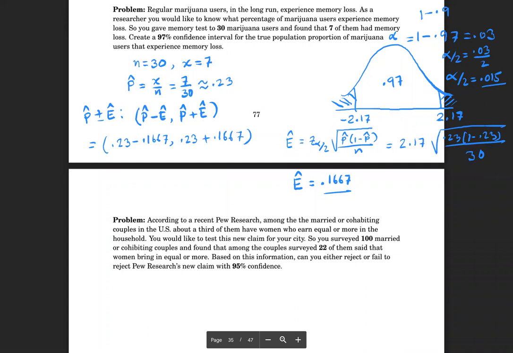So 0.23 minus 0.1667 is 0.0633, and 0.23 plus 0.1667 is 0.3967, which is basically saying between 6.33% and 39.67%. Okay.